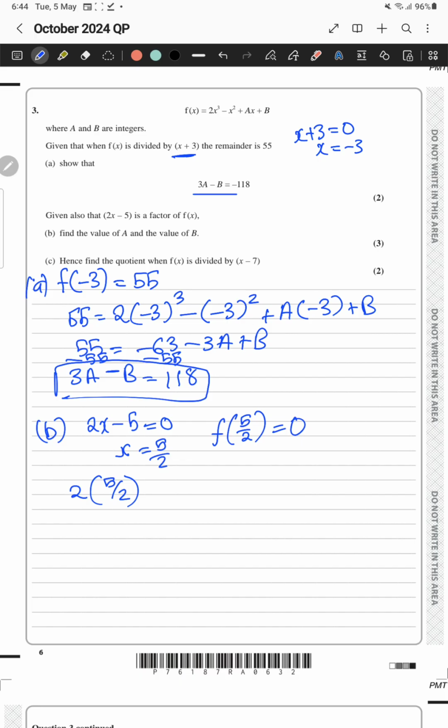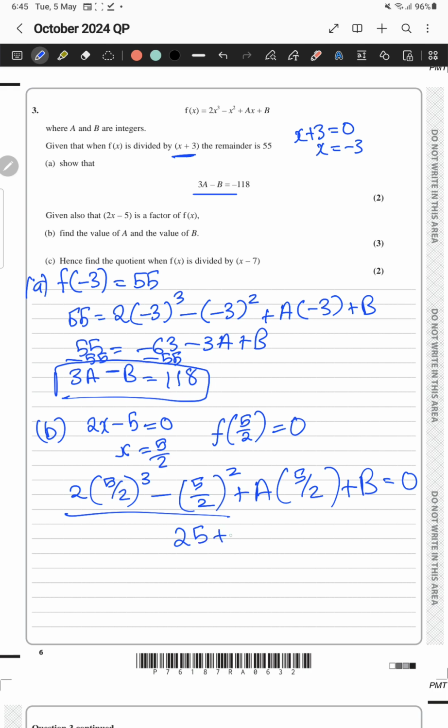Okay, so when I substitute 5 over 2 cubed minus 5 over 2 squared plus a times by 5 over 2 plus b, it is going to be 0. Okay, let me just simplify this one. So this is going to be 25 plus 5 over 2a plus b is equal to 0. Now what I'm going to do is take minus 25 to the other side. We have 5 over 2a plus b.